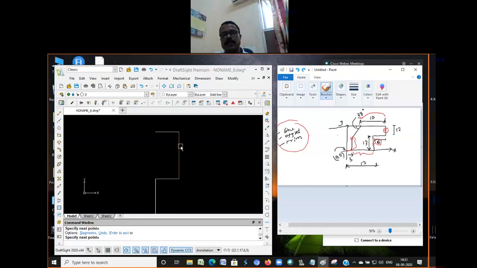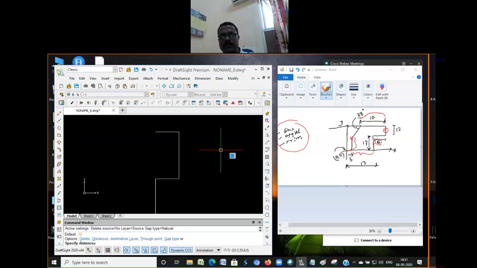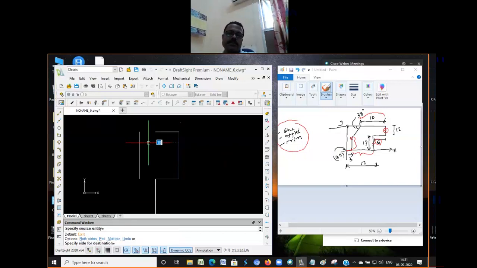So if you just offset this line 10 millimeter in this left direction or minus x direction, you will get this point. Yeah. So again, use offset command. O for offset. What is the distance? 10. Which line? This line. Which direction? To my left. Yes.